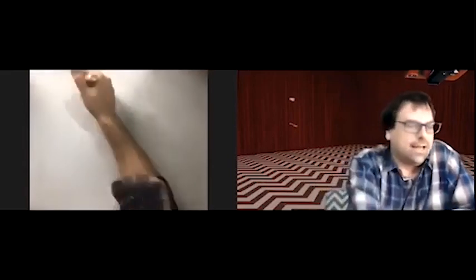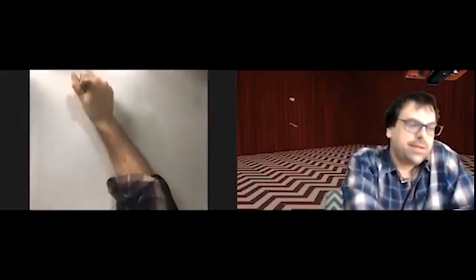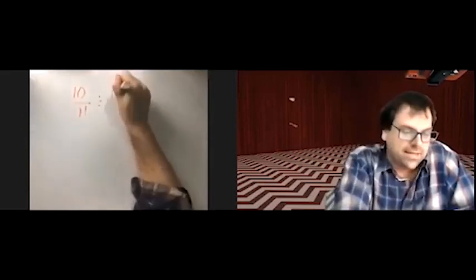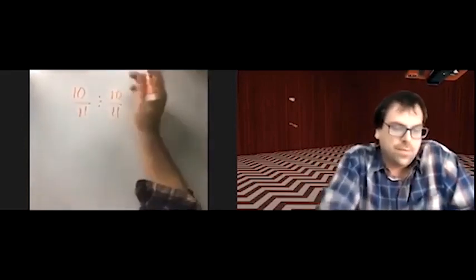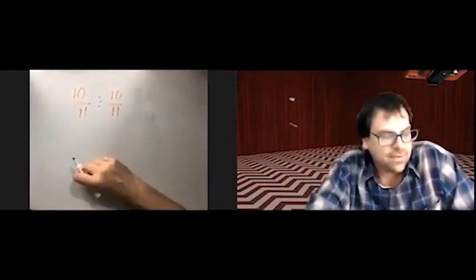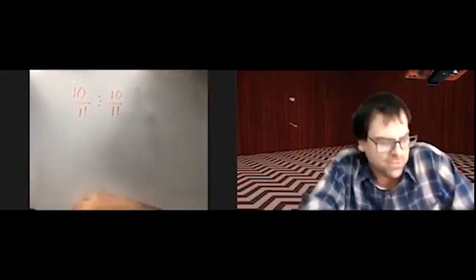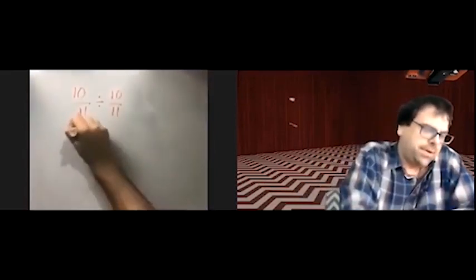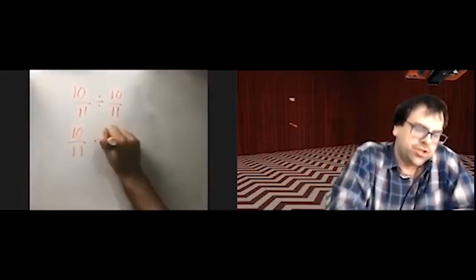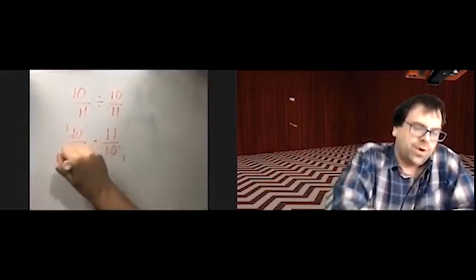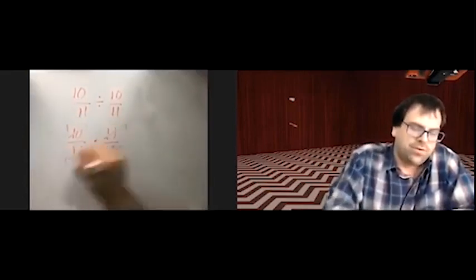Speaking of 11, we got a lot of them in this problem. 10 elevenths divided by 10 elevenths. Well, I'm going to come back to the shortcut in a second, not the 11 shortcut. This is a completely different thing. But if we did this with keep, change, flip, the 10s cancel 1 over 1, the 11s cancel 1 over 1.